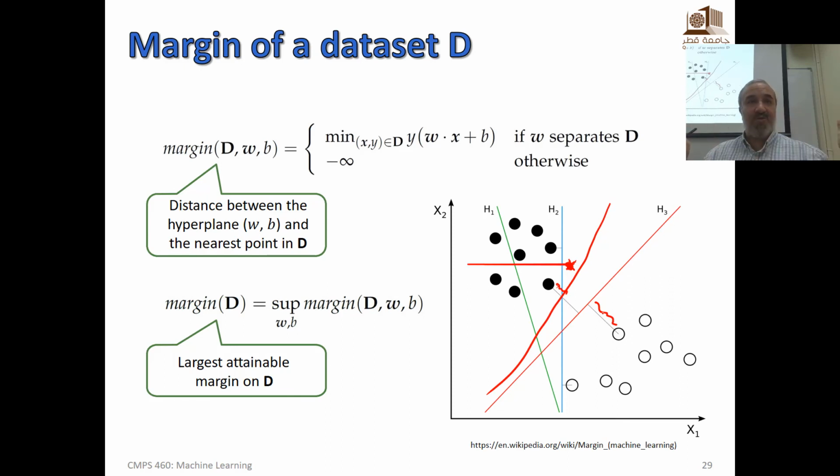The one with the larger margin, right? Why? Because there is a larger margin between the positive and the negative examples. If they are very separable like that, it will be easier to find something in between. If they are very close, it will be very hard to find something in between that can separate them. Okay? So we'll start with that next time, inshallah.